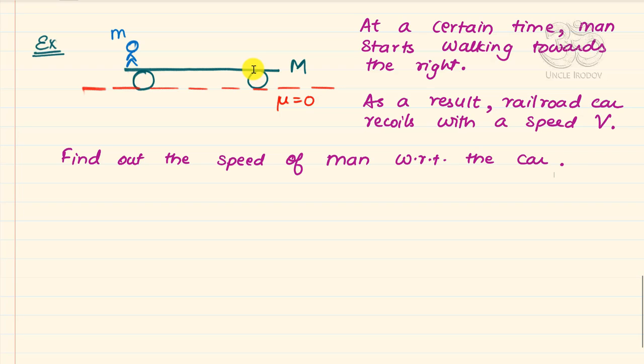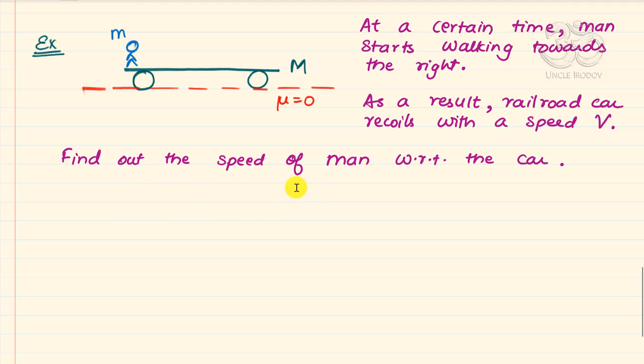So the final formula that you get, if you put certain conditions that the man is lighter than the railroad car, you should get that the speed of man is greater than the speed of the railroad car. Something of that kind, you will be able to check your final answer at least. But even otherwise, we should be able to get the answer. Even if you don't perform that check, we should be able to get to the answer.